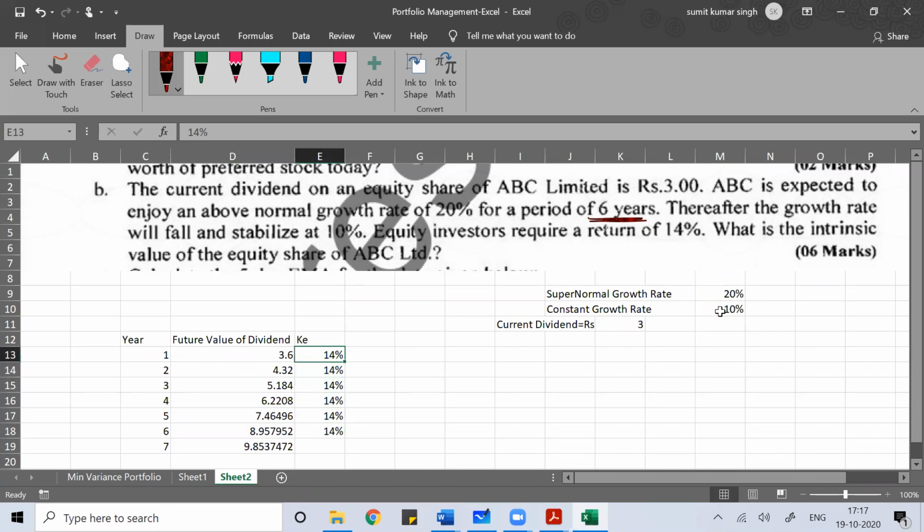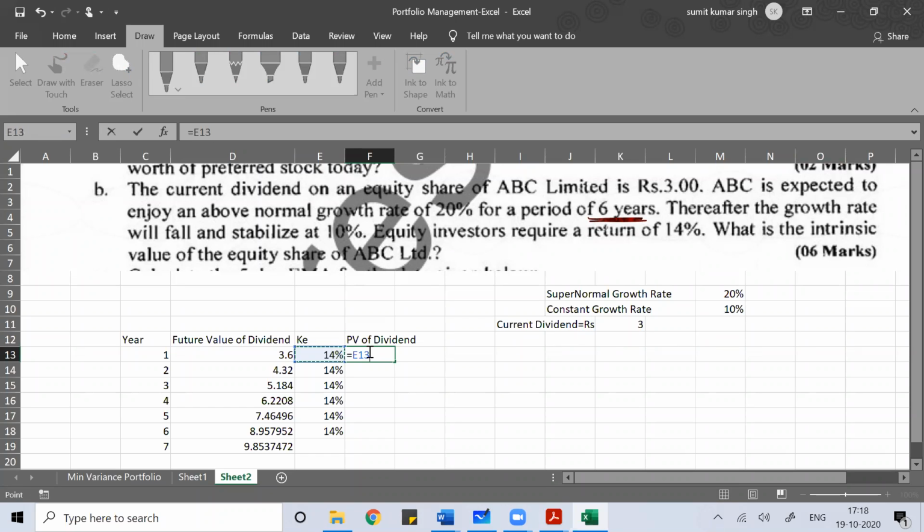Now whatever the supernormal growth rates are, for them find the present value of the dividend. So this you get.